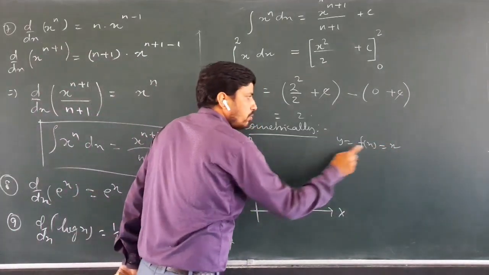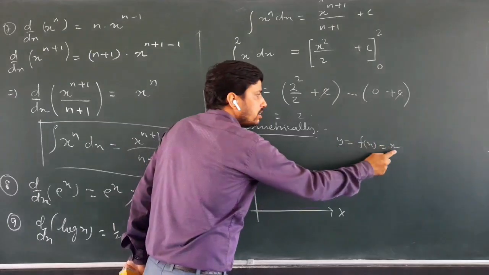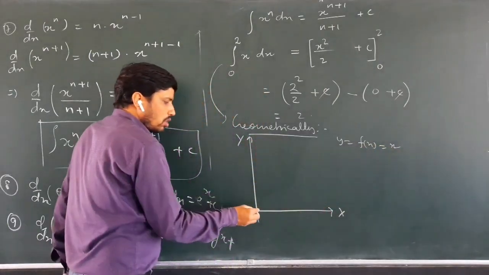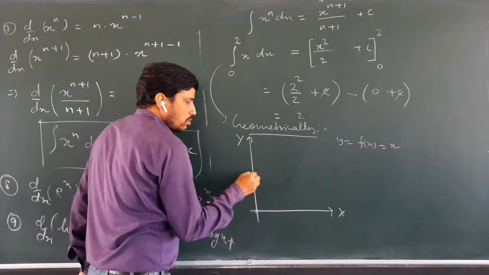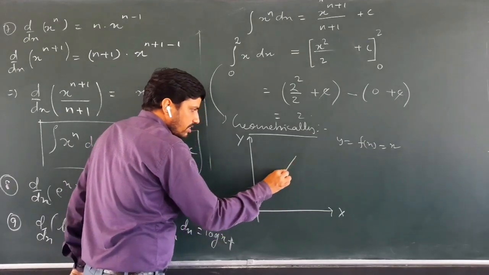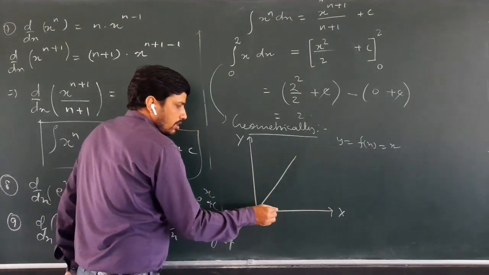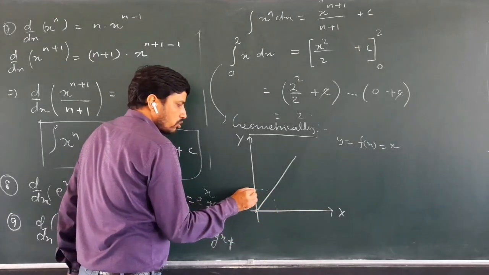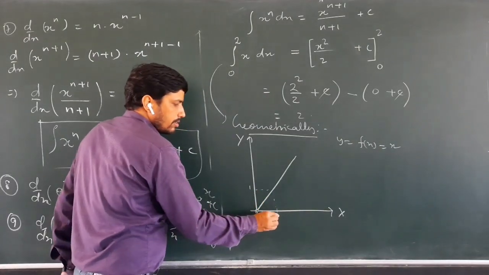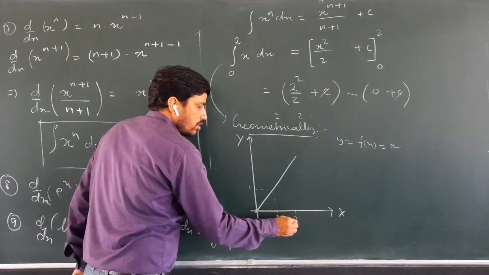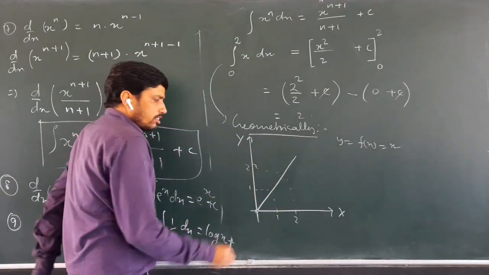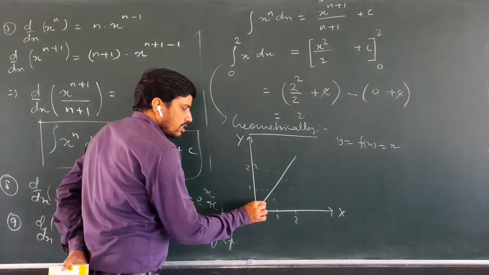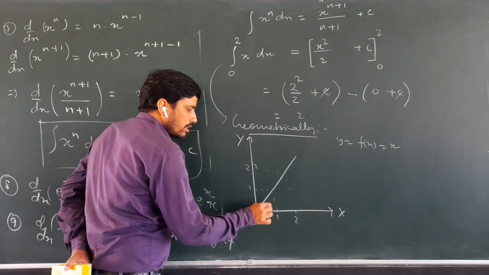That means if x is 0, y is 0, x is 1, y is 1, x is minus 1, y is minus 1. You know how to plot the graphs. So 0, 0, then 1 and 1, then 2 and 2. You will get a straight line. Now if this is 1, this will also be 1. If this is 2, this point will also be 2. So you can easily find out that this angle turns out to be 45 degrees.